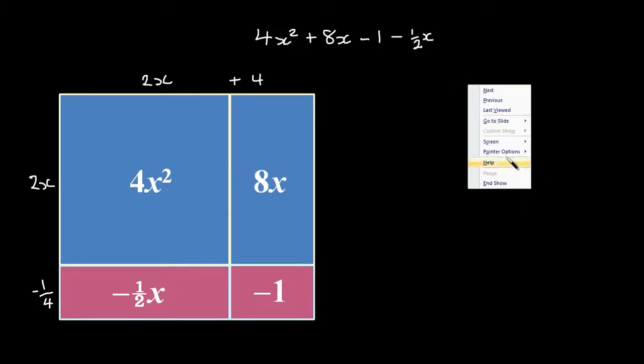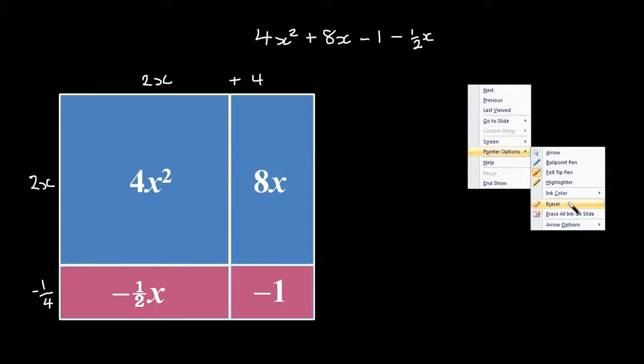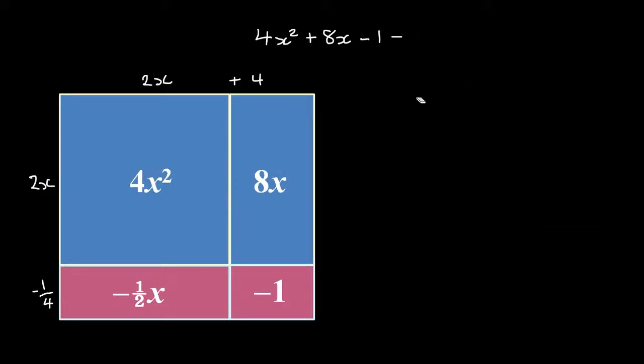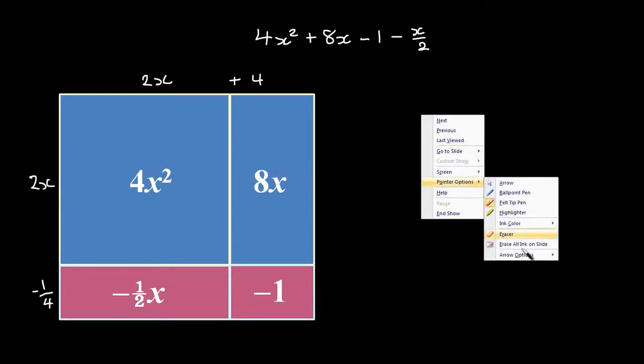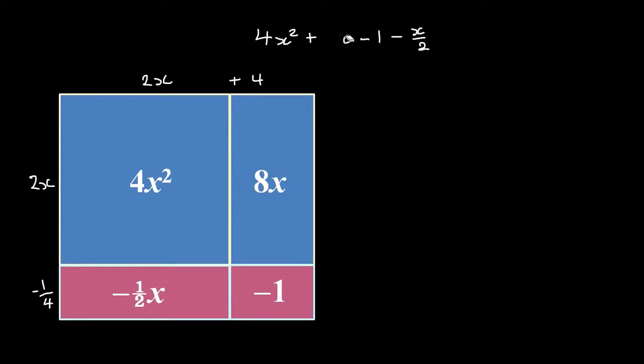If I rewrite this, let's erase this term here and write it slightly differently. If we write it as x over 2, and this one here, I can write as 16 over 2, so it was 8x, so I'm making a common denominator: 16 over 2 is the same as 8, times the x.